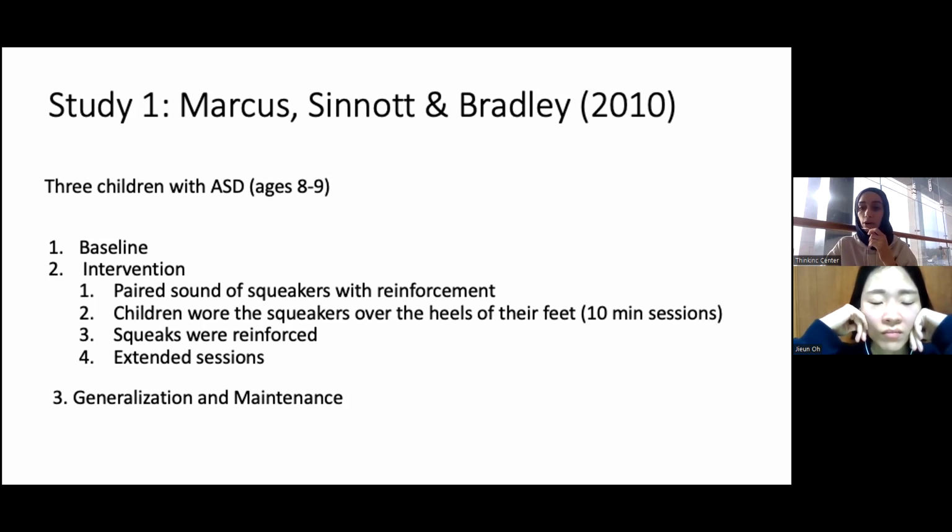And when they walked on their heel and the squeakers would make the sound, the children received reinforcements. Finally, the sessions were extended for longer and longer periods of time. After they faded out the squeakers, they were able to generalize and maintain the proper walking on the heel instead of toe walking.